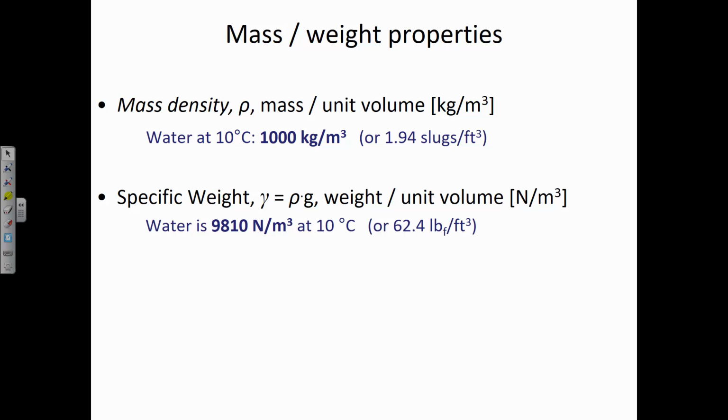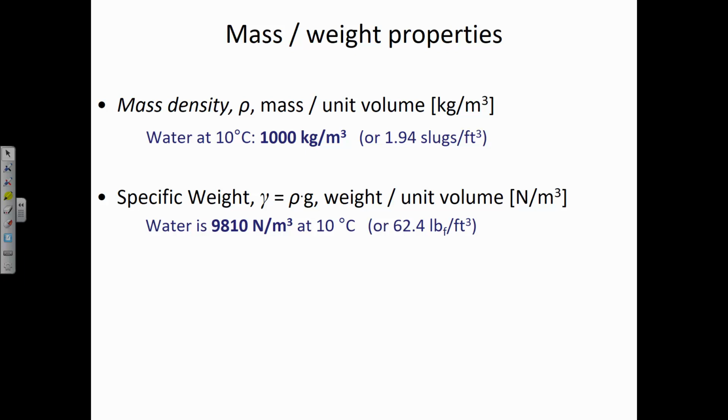Now, there's a familiar ring to the 981. What does that remind you of? Gravity, right. So we go back to the formula. Specific weight, sometimes also called unit weight, is just density times gravity.